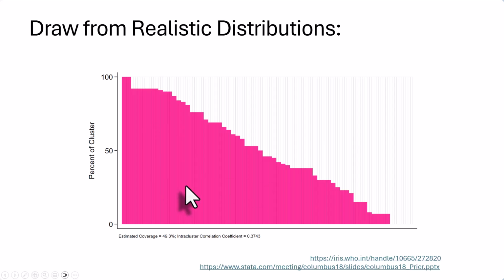And then just because clusters are selected randomly, because we don't have a way of being sure that we select some clusters where coverage is high, medium, and low, we're going to see variability in the outcome. So that's the reason for the sampling variability.